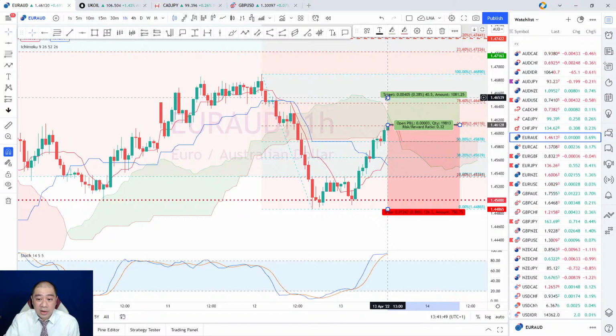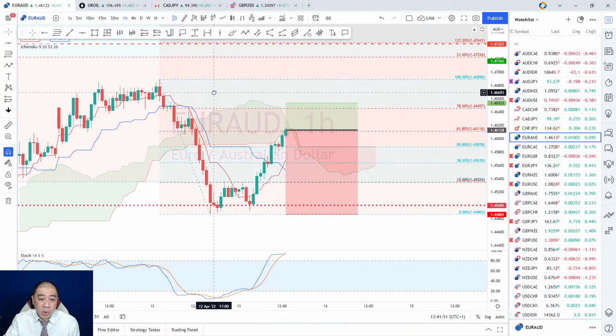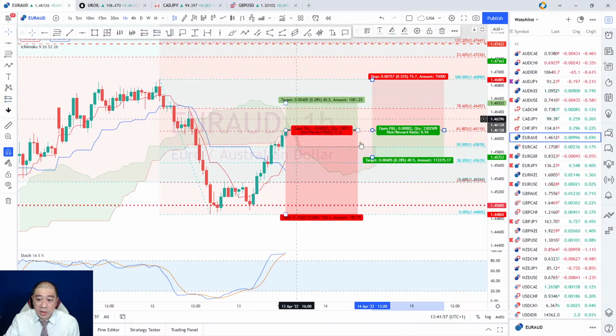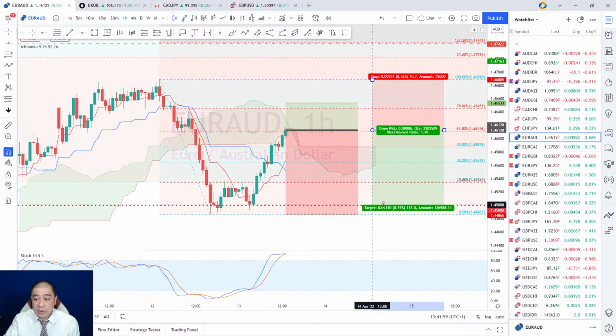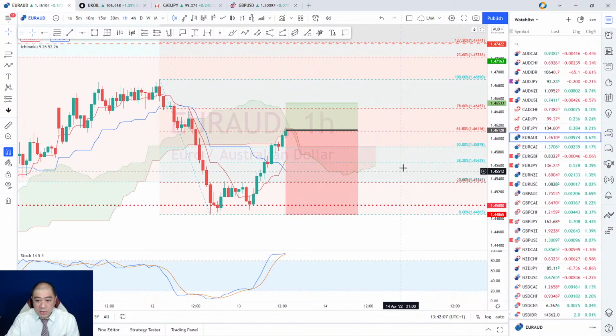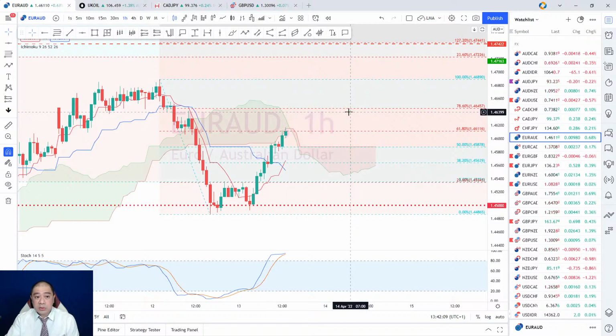It's just not ideal. If you want to go short, your stop loss is also about halfway through, which is up there. In terms of target, you could be looking at about 1.45. So we're kind of in the middle right now for Euro AUD, so not a great one to take on today.